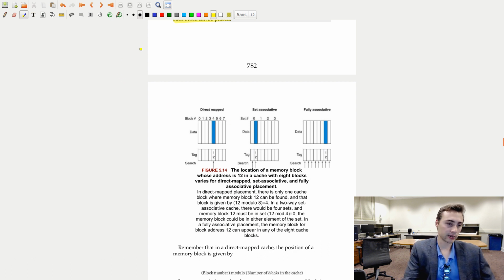Like we said, in a direct map cache, one spot in the data corresponds to a single spot in the cache. Over here in a set associative, in this case 2, this data can correspond to 2 places in the cache, so we only need to search 2 places for that data now. And in a fully associative, we have to search every place because this block could be anywhere in the cache.